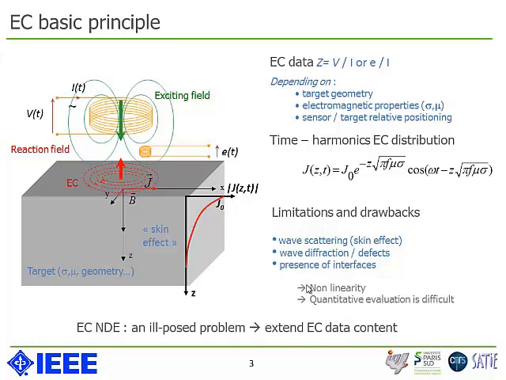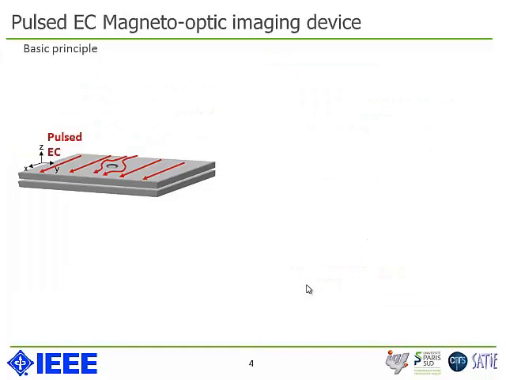The first step would be to try to develop new techniques or new devices able to extend the informative content of the data given by the device. To this end, we have proposed a new device, which is called a pulsed eddy current magneto-optic imaging device. This device is based on the following principle.